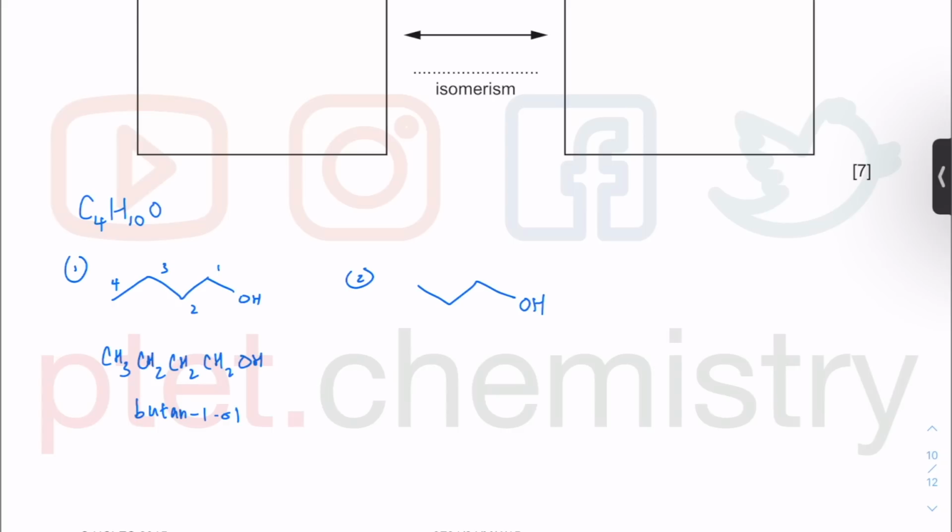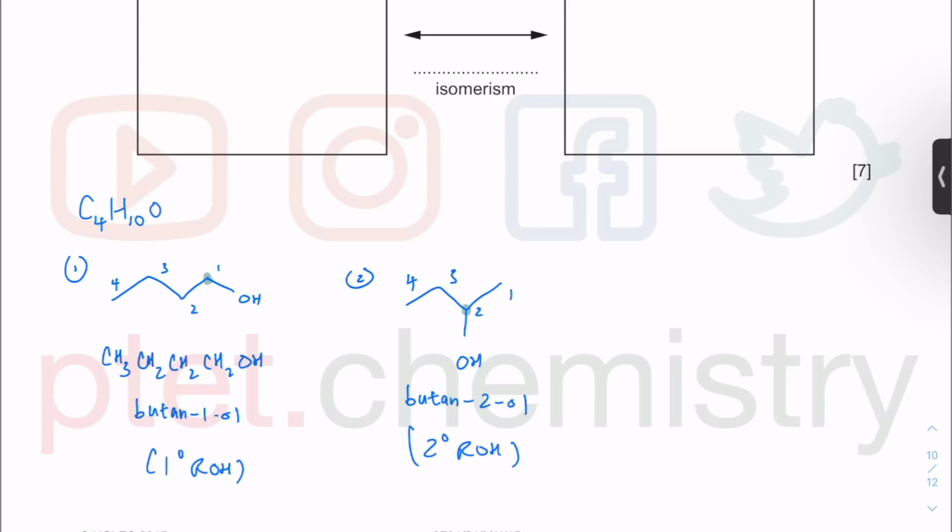I'm going to move around the OH first, so we can have butan-2-ol like that, 1, 2, 3, and 4. This is a secondary alcohol now, because the carbon with the OH is bonded to 2 other carbons. So 2 degree refers to secondary alcohol. Butan-1-ol is a primary alcohol because the carbon bonded to the OH is bonded to 1 other carbon.